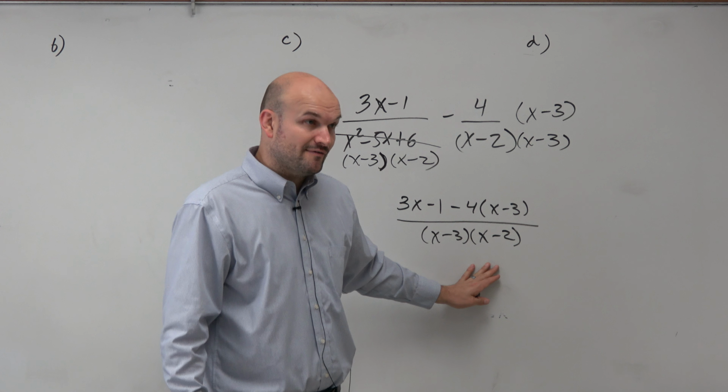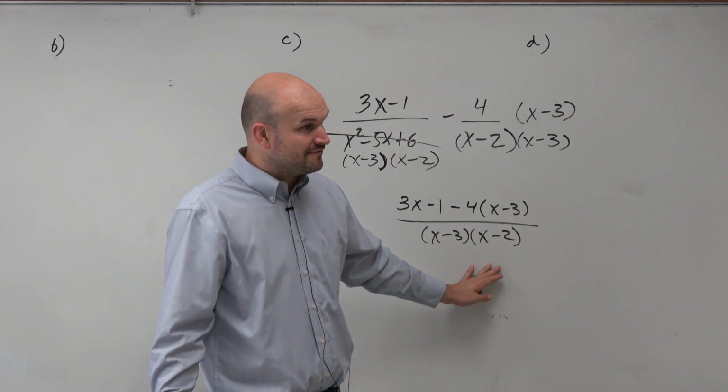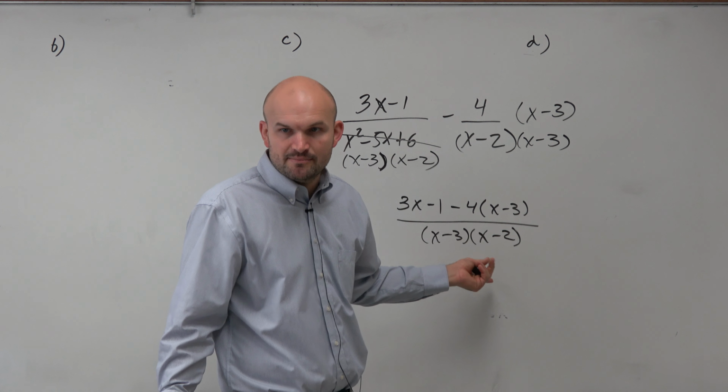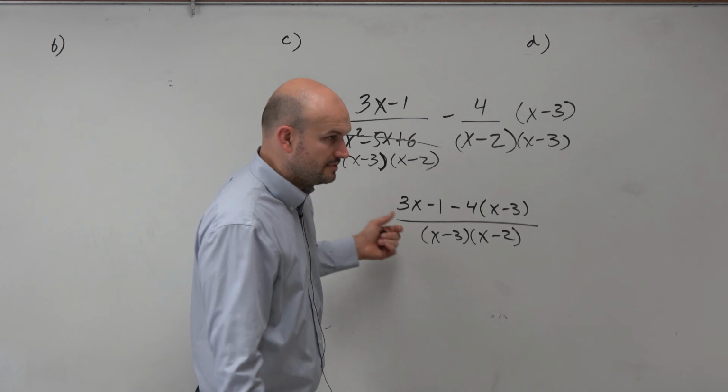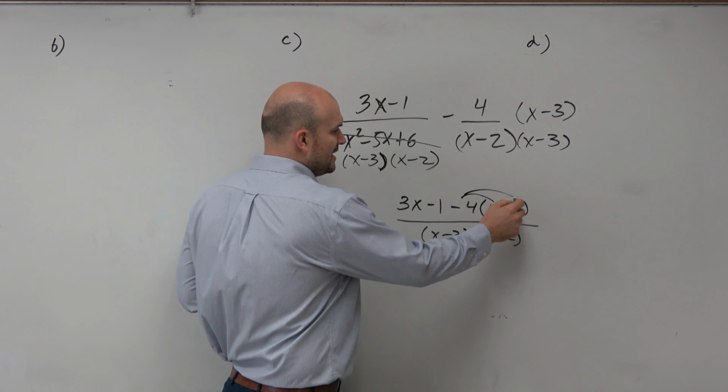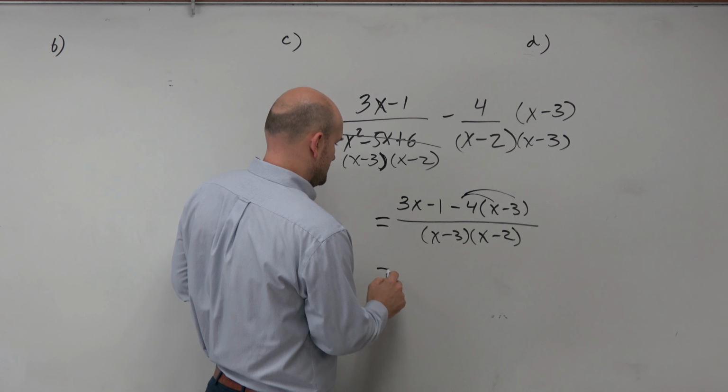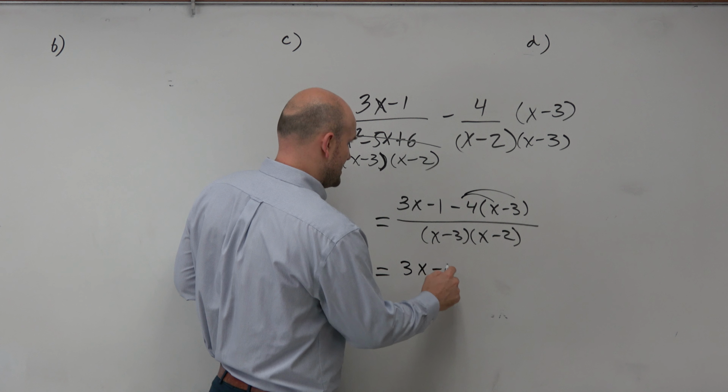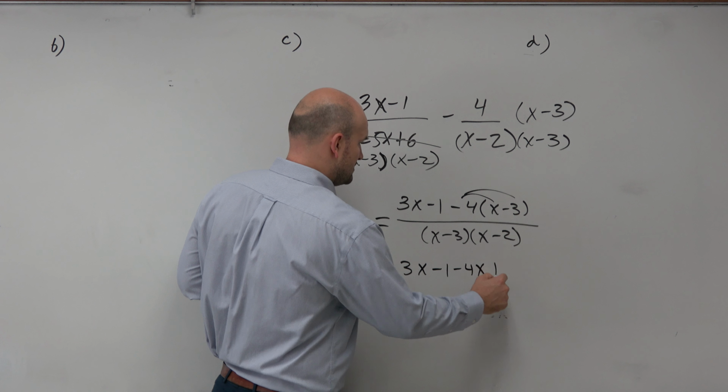All right? However, if you have a multiple choice answer that is not in factored form, you would just realize, oh, they multiplied those out. Agreed? OK? And then we'll just simplify here. So just give me 3x minus 1 minus 4x plus 12.